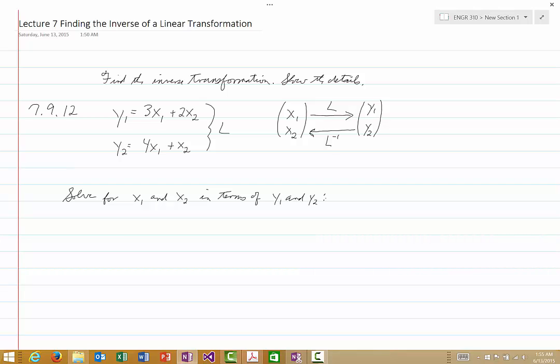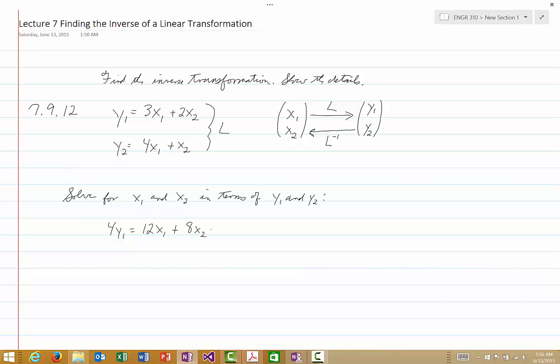Okay, so let's think about how we might do this. If we multiply the top equation by 4 and the bottom equation by -3 and add, let's see what will happen. Well, first of all, let me go ahead and multiply. I won't add the equations together. I'll multiply the top one by 4 and the second one by -3 first. So if I multiply the top by 4, I get 4y1 is equal to 12x1 plus 8x2.